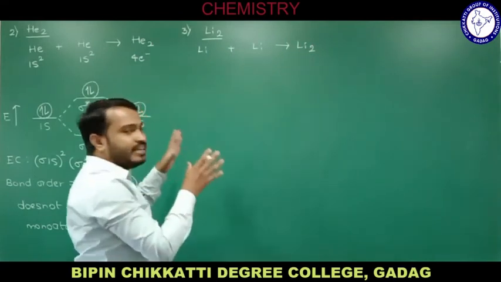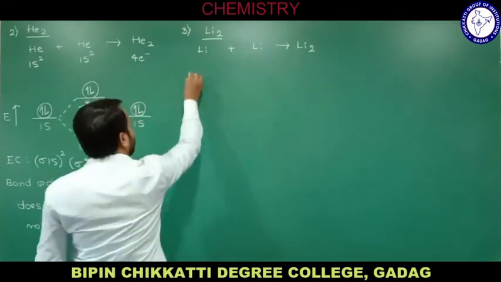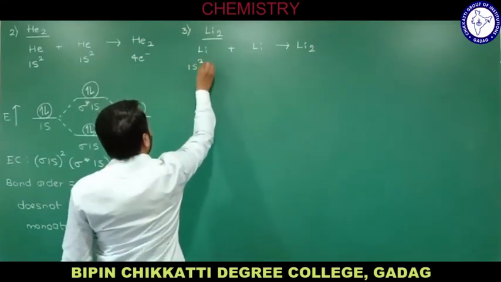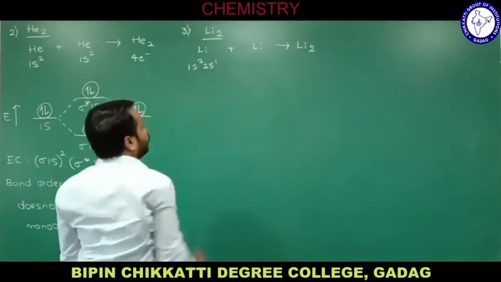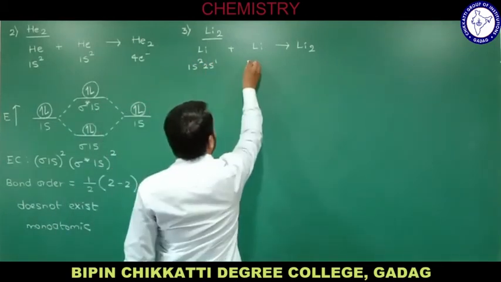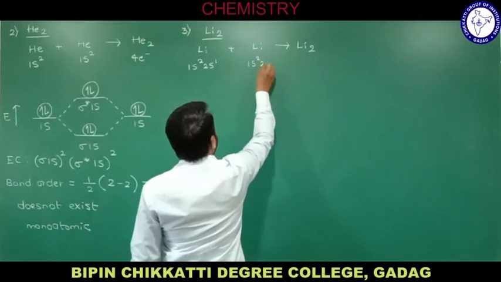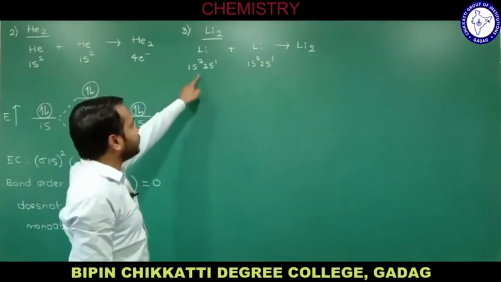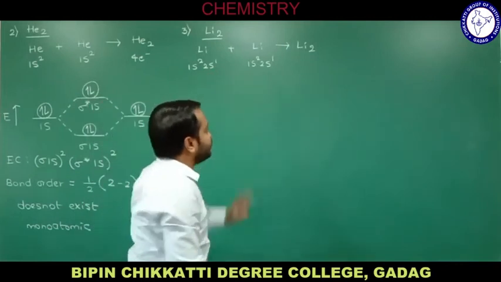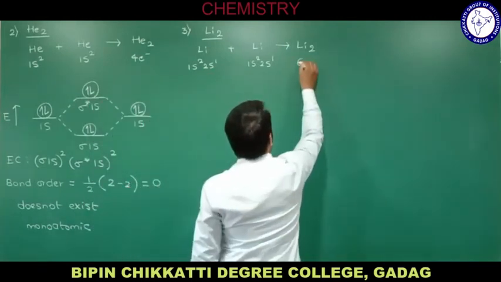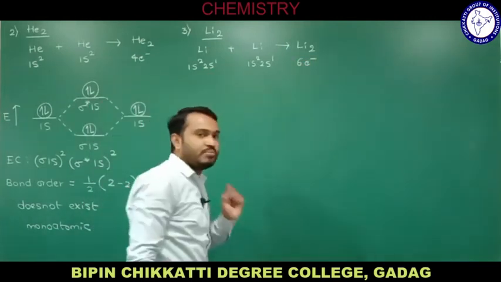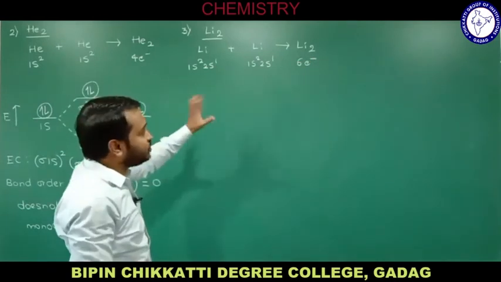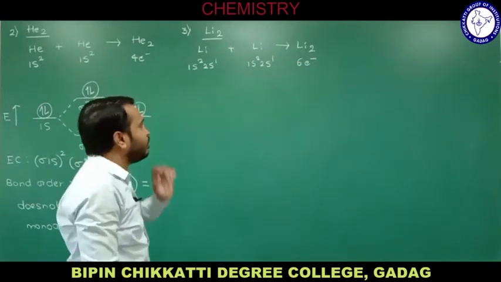Atomic number is 3, therefore the electronic configuration will be 1s2 and 2s1. So 3 electrons from this lithium and 3 electrons from this lithium. Totally we have 6 electrons, and 6 electrons have to be filled in the molecular orbitals.